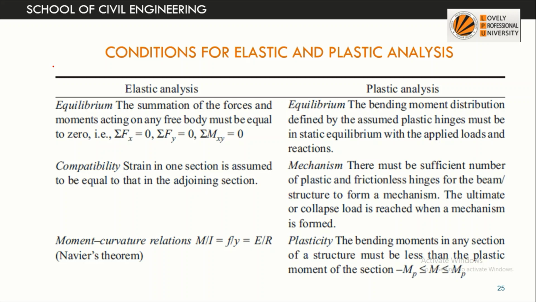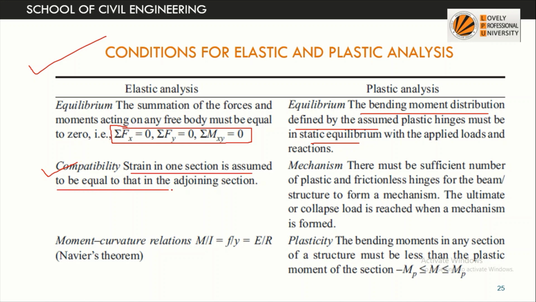This is the continuation from the previous slide, the difference between elastic analysis and plastic analysis. In elastic analysis, we consider three equations of equilibrium, and here we consider that the bending moment distribution defined by the assumed plastic hinges must be in static equilibrium when the load is applied. In elastic analysis we talk about compatibility: strain in one section is assumed to be equal to that in the adjoining section, whereas in plastic analysis we talk about mechanism.